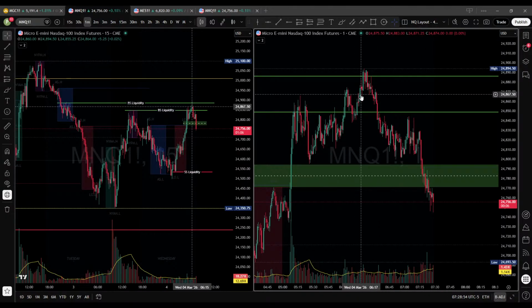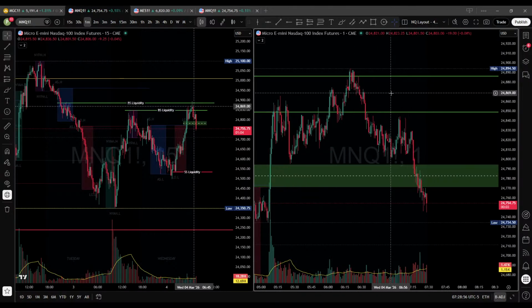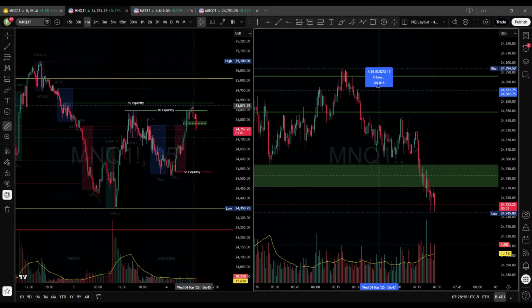It's very hard to find a fair value gap and to trust that fair value gap.